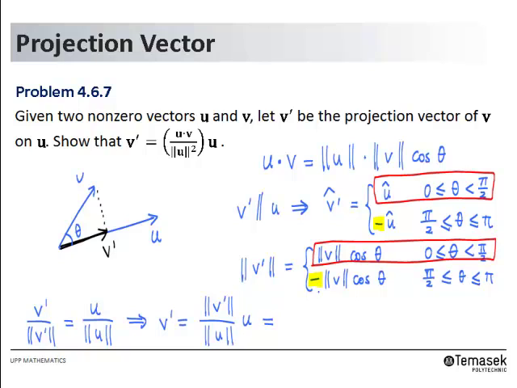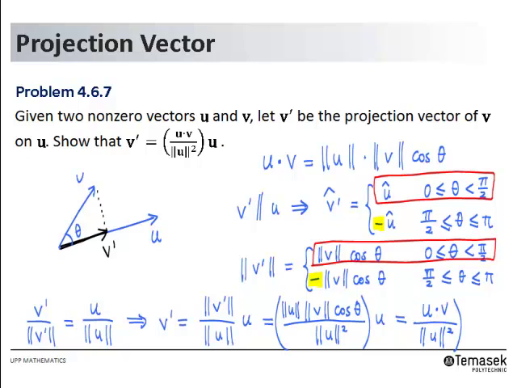Now the norm of v prime is none other than the norm of v times cosine theta. If we multiply both numerator and denominator by the norm of u, then we have this. Now clearly, by the definition of the dot product, the numerator is none other than u dot v, and the denominator is the norm of u squared. Thus, we prove that v prime equals u dot v over the norm of u squared, times u.